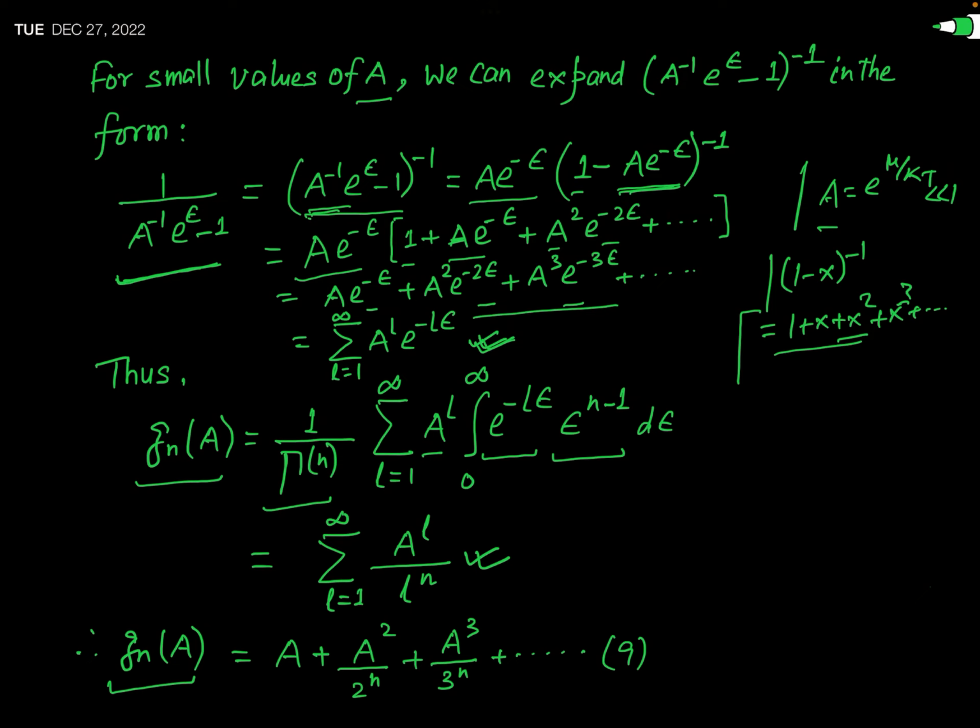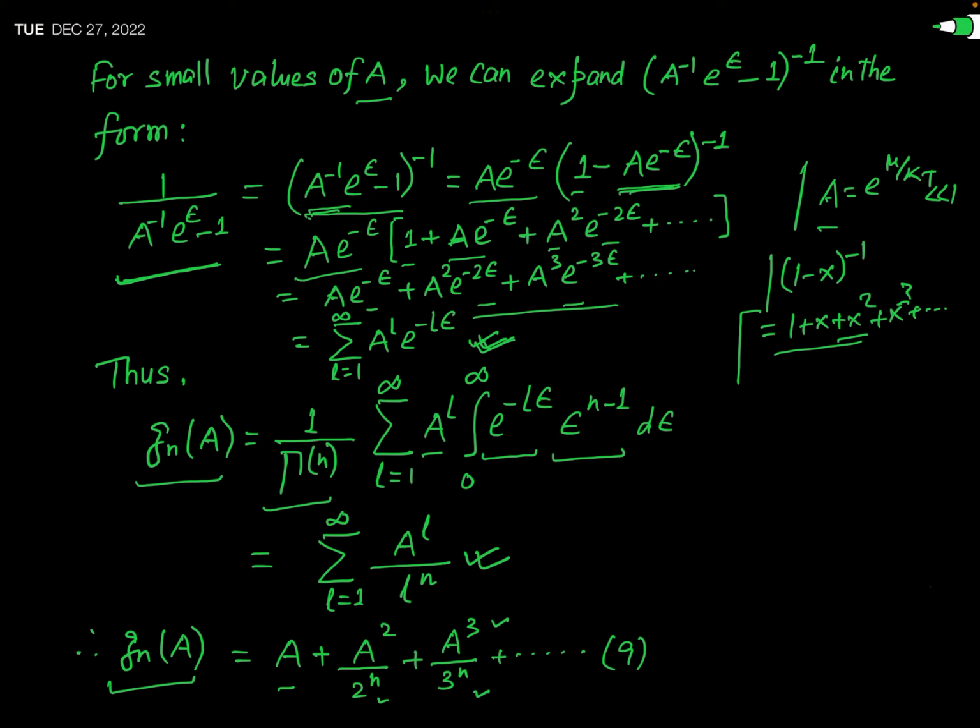This will be a to the power 1, that is a, divided by 1 to the power n, which will be 1. So the first term is a. Now l equal to 2, so there will be a square divided by 2 to the power n, plus l equal to 3, this is a cube divided by 3 to the power n, and so on. So this g_n(a) is equal to this much.